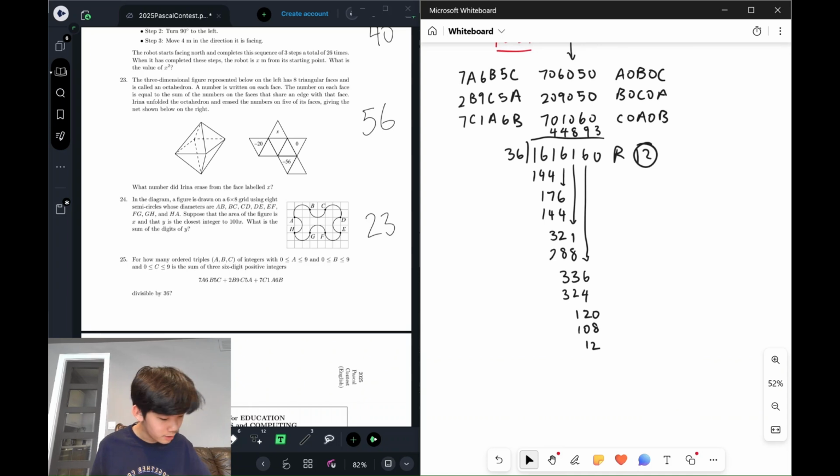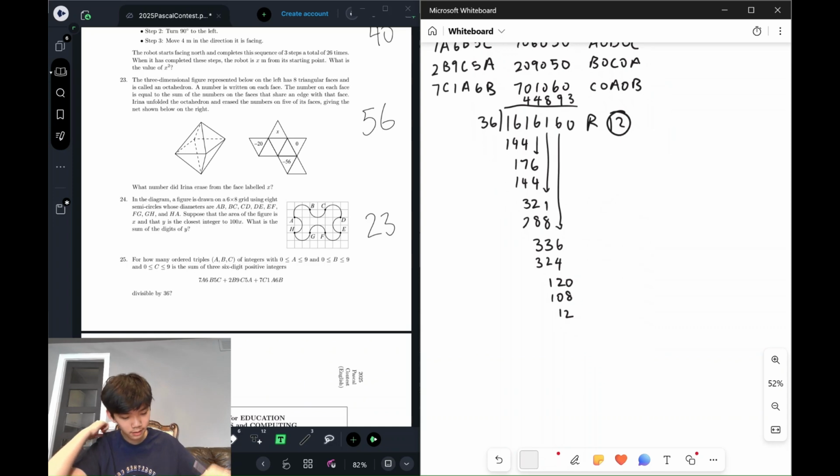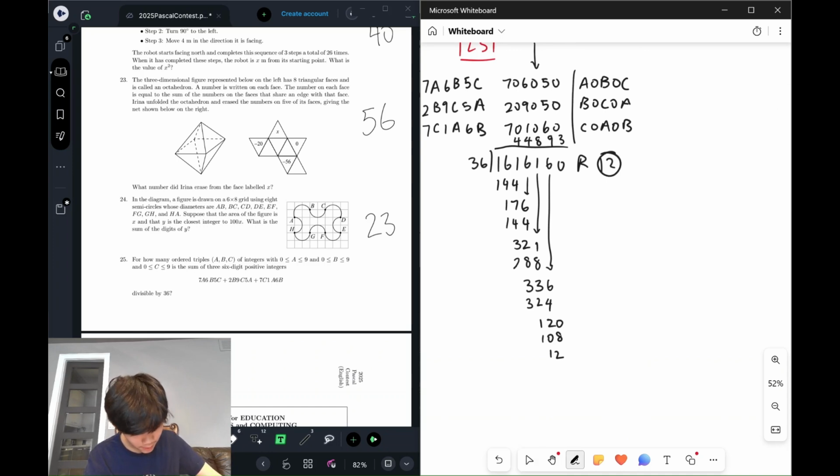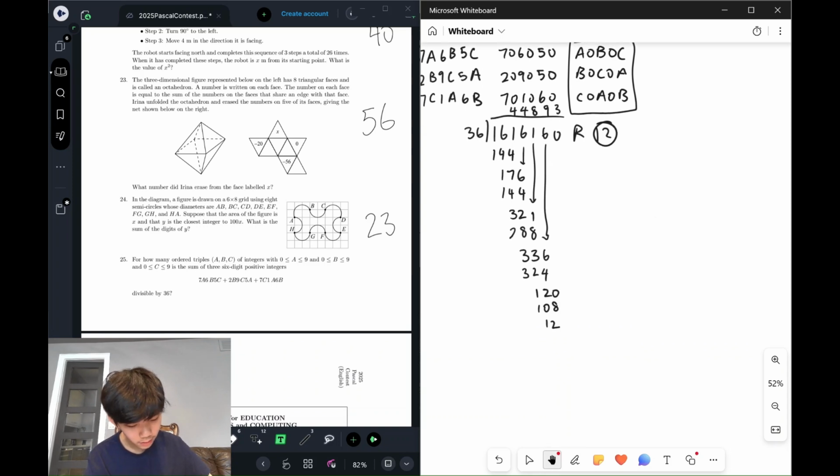We can confirm this by just plugging this into our calculator. Yes, and we see that it leaves a fractional part of 1/3, which is 12 over 36. Therefore, we need that the sum of these three needs to be 24 mod 36.